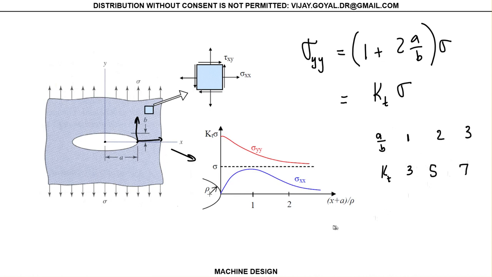So as A over B tends to infinity, this term goes to infinity, and when it does, what you can show is that this is all your KT right here. Your KT goes to infinity. That doesn't make sense to me.